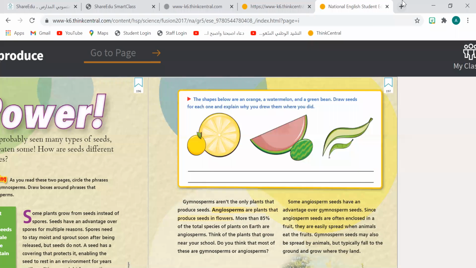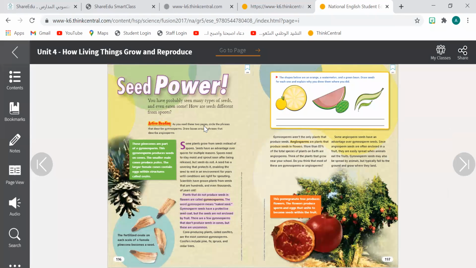So you are going to draw the seeds where? Inside. Why is that? Because they are angiosperms. And what is an angiosperm?